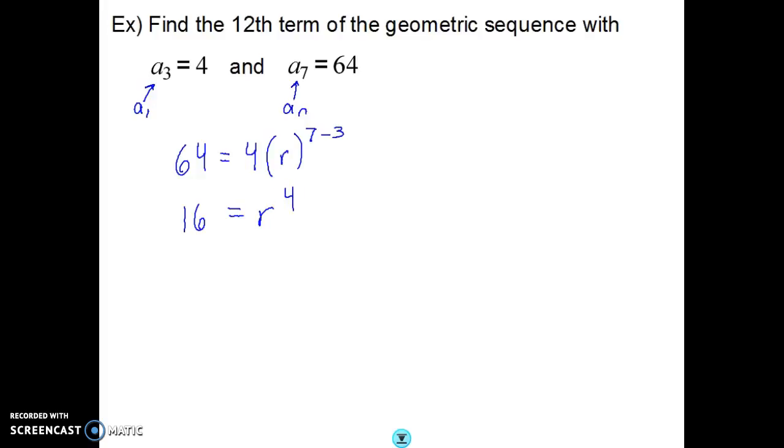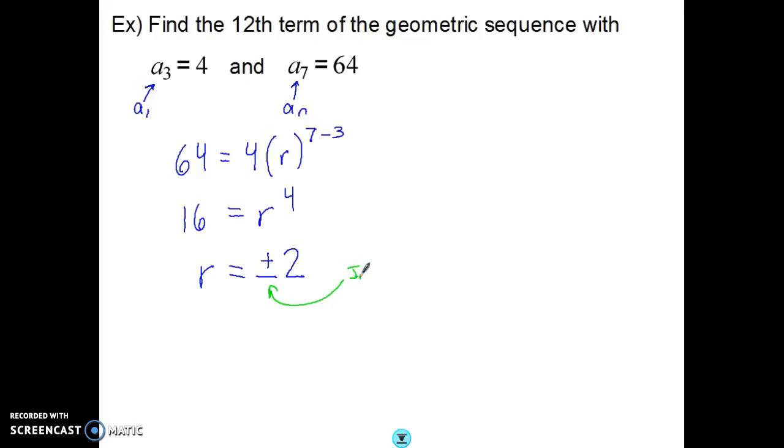From here again, we do the fourth root of both sides. So that's going to give us that r is equal to, in this case, plus or minus 2. Now, a key thing to remember here, you will have to include the plus or minus anytime you take an even root.